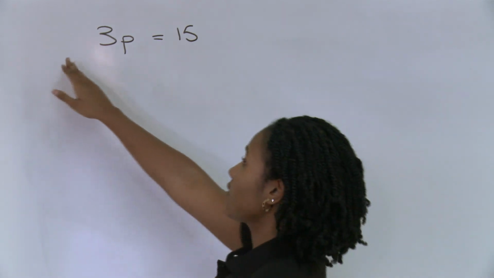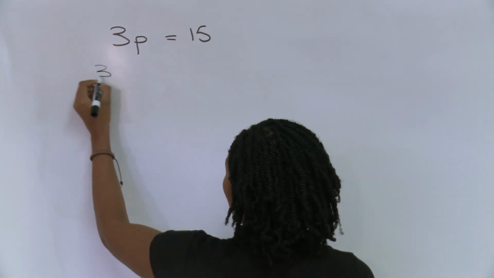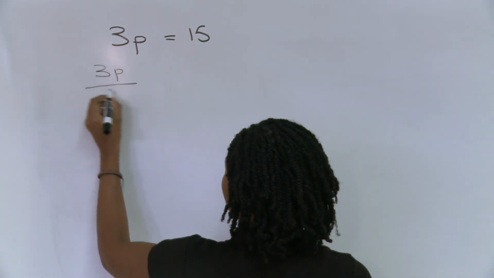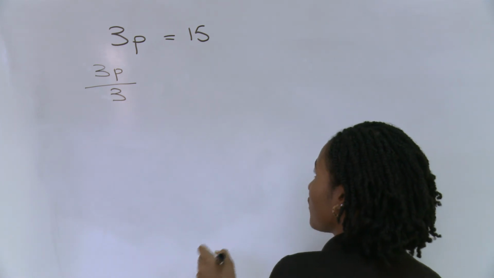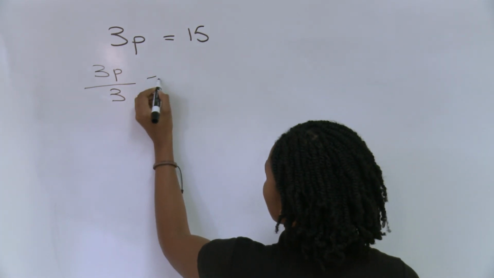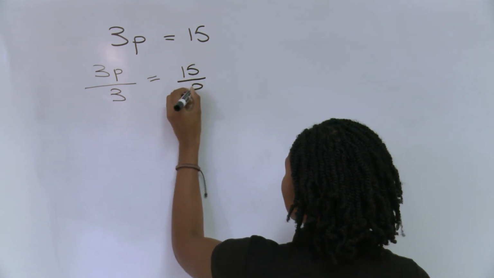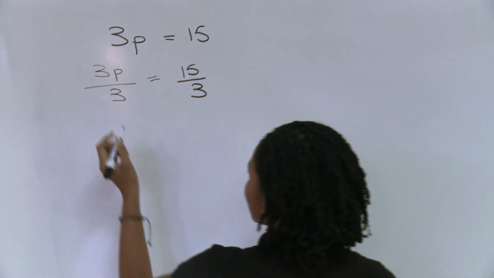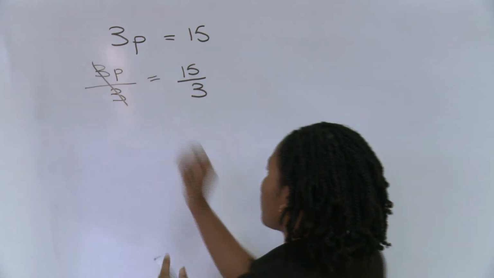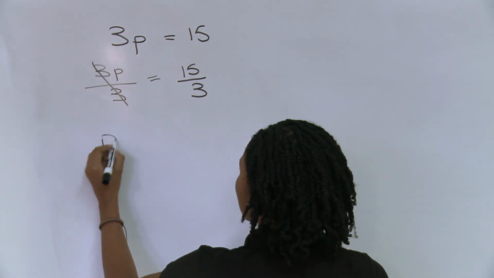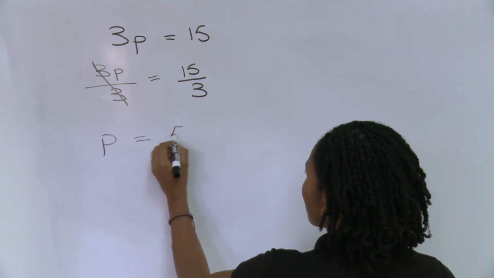So for our left-hand side, we're going to divide throughout by 3 because the goal is to solve for p. And we're going to do the same to our right-hand side. 3 into 3, 1, so we're left with p. And 15 divided by 3 is 5.